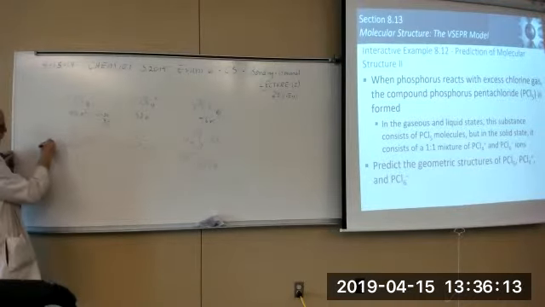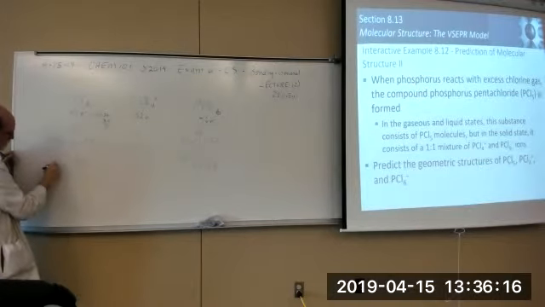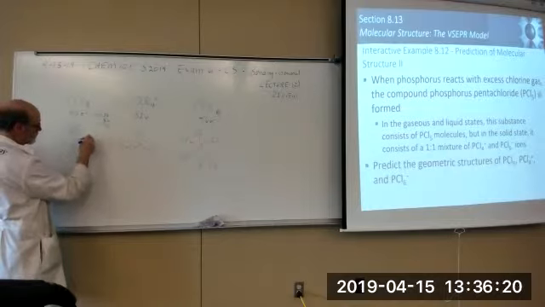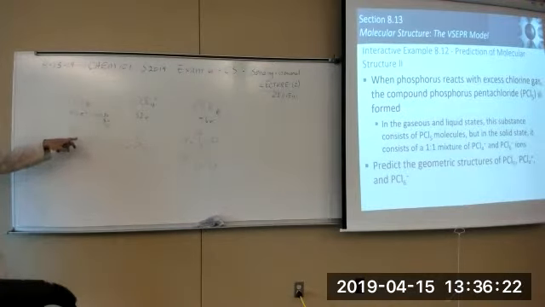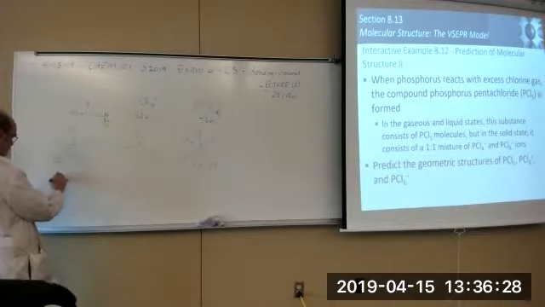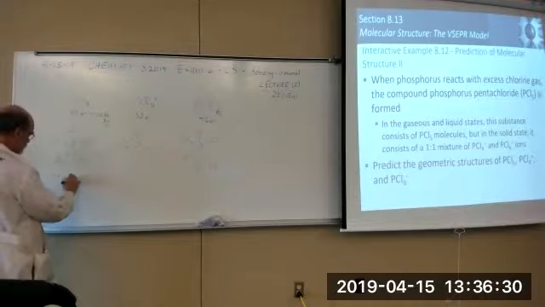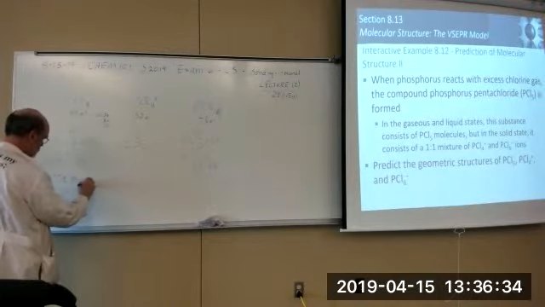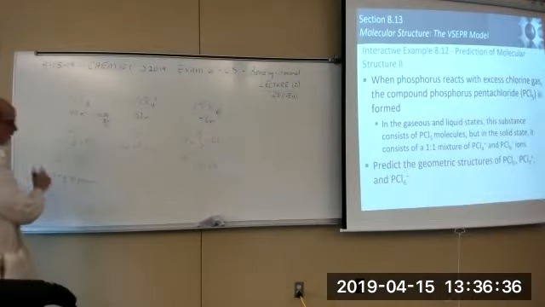So these lone pairs around the chlorine, that's it. So what's the structure? 5 means trigonal bipyramidal. So it's a trigonal bipyramid. No lone pairs, so that's the molecular structure.